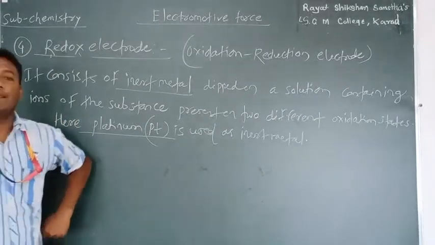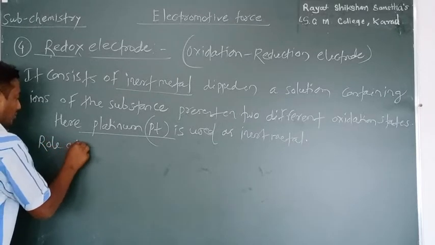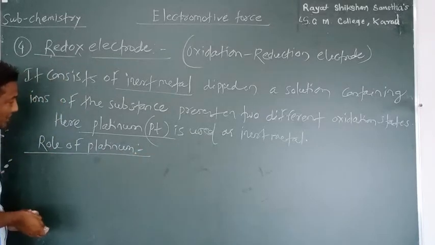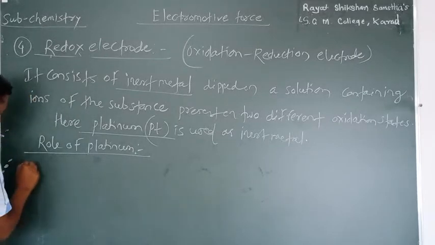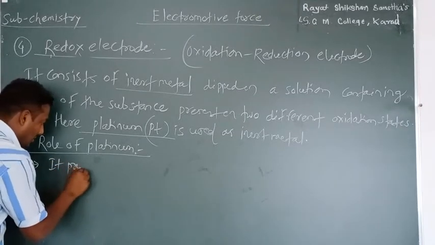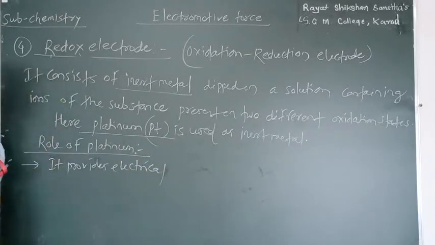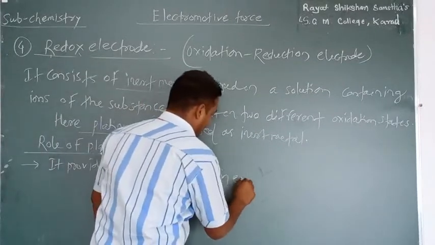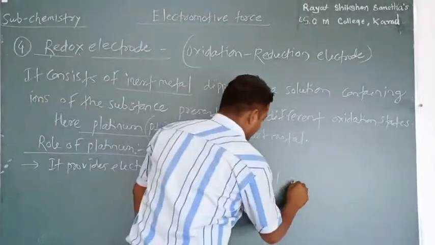Then what is the role of platinum? Why do we use platinum while studying this type of electrode? First, it provides electrical contact in the external circuit, in the system or in the cell.